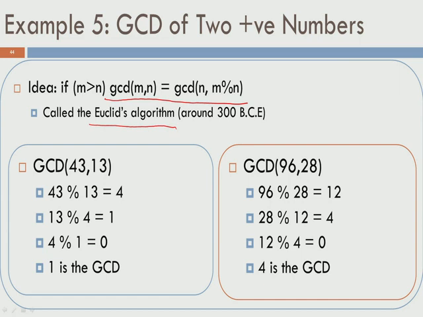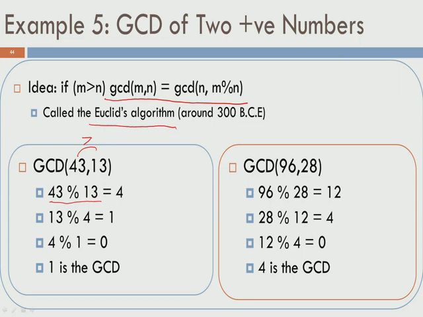Let us say I want to find out the GCD of 43 and 13. In this case m is 43 and n is 13, and m is actually greater than n, so the condition that we want is satisfied. We start with 43 percentage 13. So 43 percentage 13 is 4, because 13 times 3 is 39.